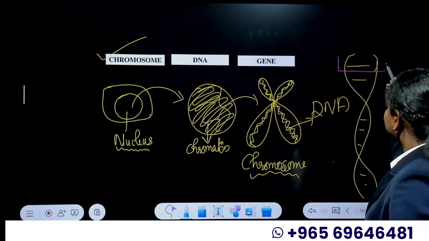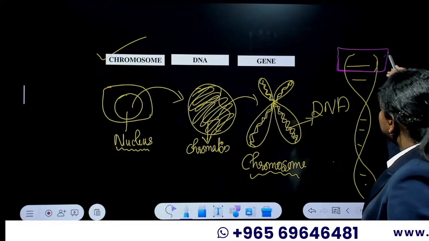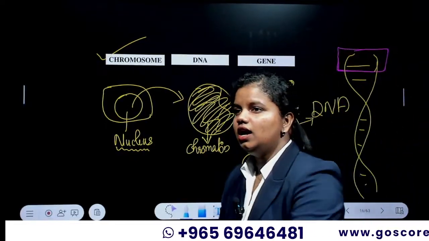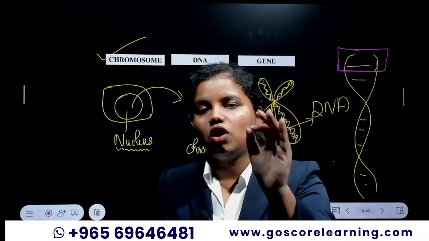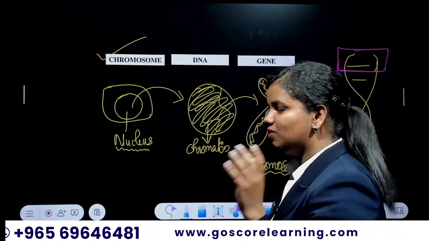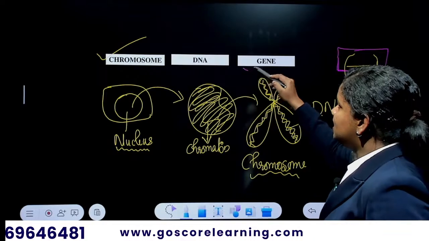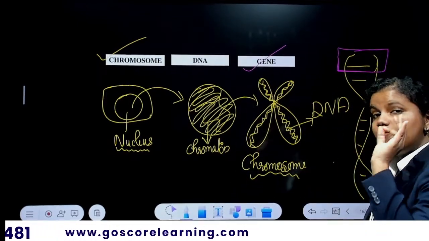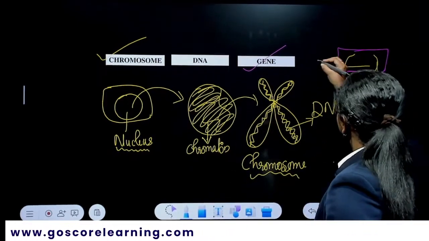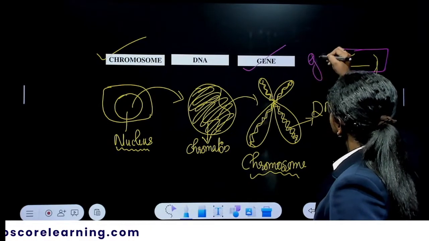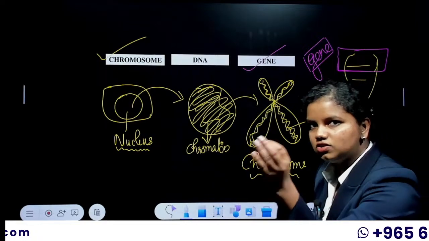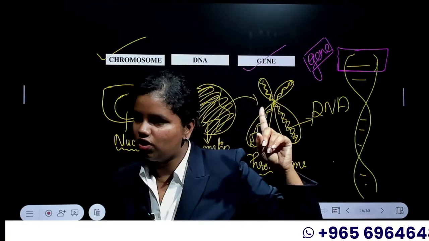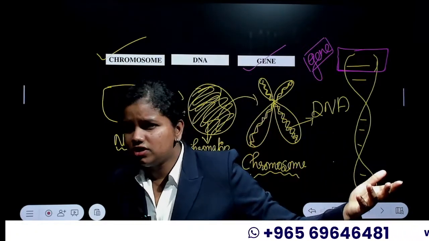Yes, simple like that. A small portion of this double helical structure, a functional segment of the DNA, is what you call a gene. A gene is nothing but a functional segment of DNA, or deoxyribonucleic acid. And what's the function of a gene?